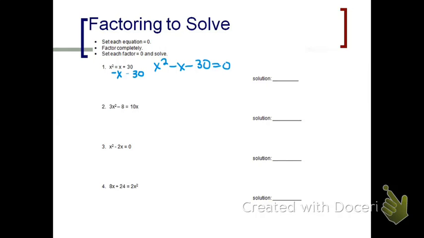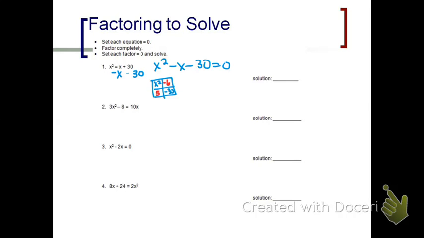Okay. Now, I want to factor this, so I can do the box method if I'd like, or if you just know how to factor it without the box, then you can do that as well. But let's do this. So right here, I'm going to put x squared and negative 30. Okay, what are the factors of negative 30 that make negative 1? Negative 6 and 5.